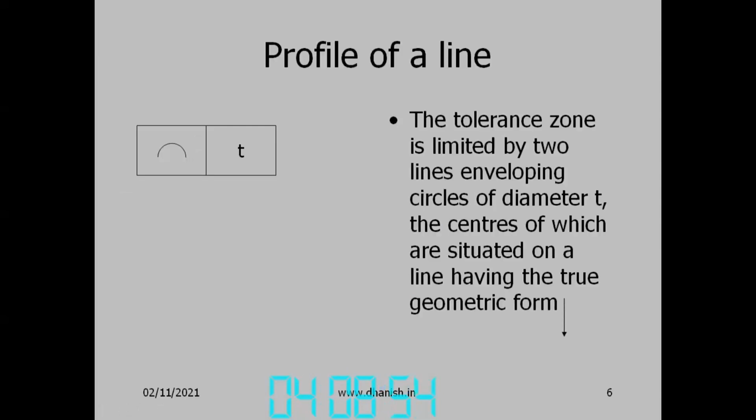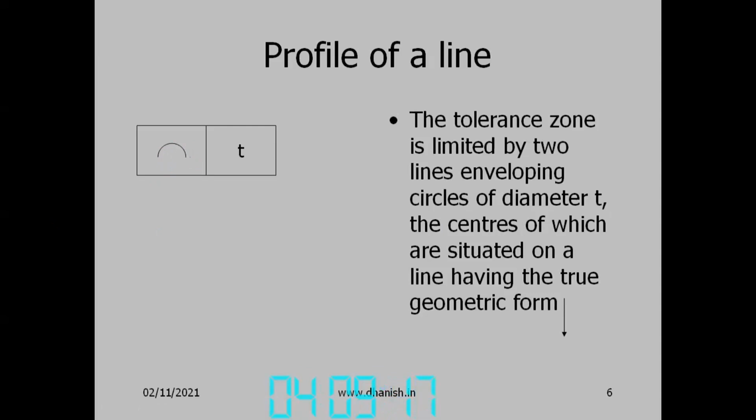Profile of a line: the tolerance zone is limited by two lines. This is the next tolerance. Profile of a line is given by simply a curve, something like a semicircle. The tolerance zone is limited by two lines enveloping circles of diameter t, the centers of which are situated on a line having the true geometric form.